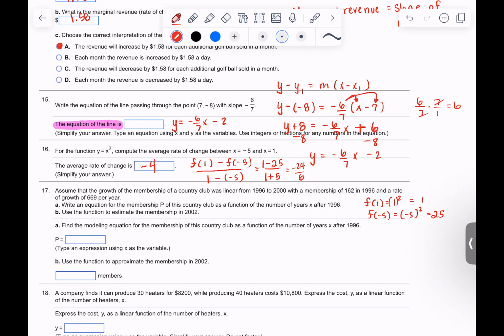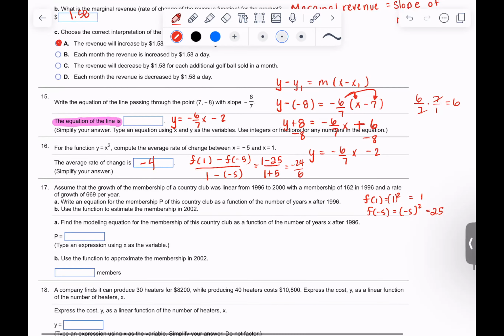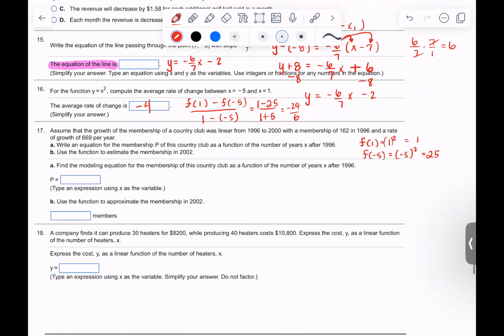Okay, next problem. Problem 17. Assume that the growth of the membership of a country club was linear from 1996 to 2000, with a membership of 162 in 1996 and a rate of growth of 669 per year.